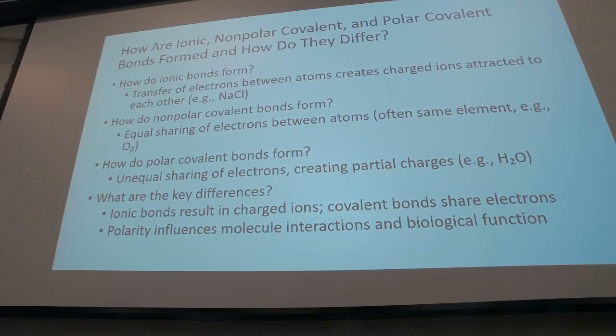No, that's different. But in this case, to illustrate, when an element donates an electron, it becomes positively charged, and when another element accepts the electron, it becomes negatively charged. So one becomes an anion and the other one the cation.